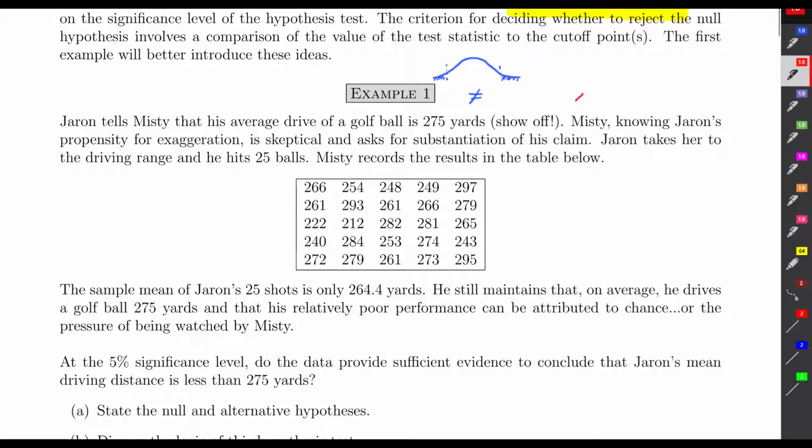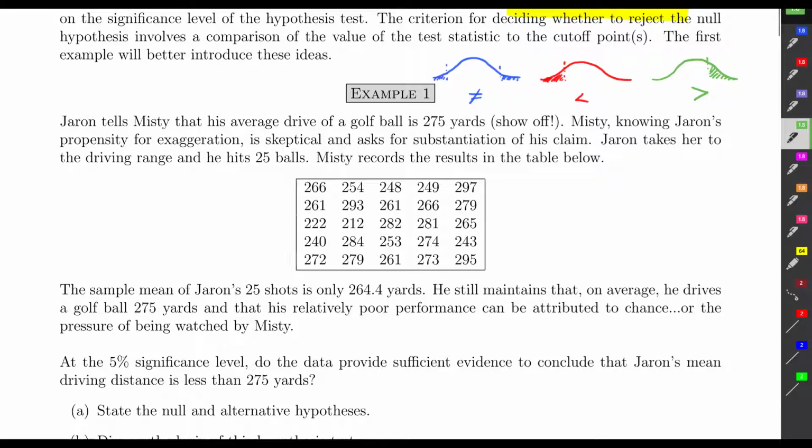The left-tailed test is when we use the less than symbol. In terms of the normal curve, we have a rejection region that lies to the left of some specified z-score. And then finally, with the right-tailed test, where we use greater than, we have our normal curve and some z-score.